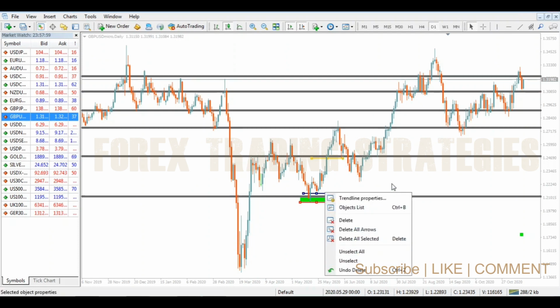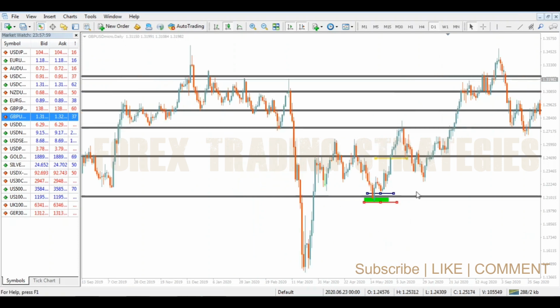So I was saying sometimes I don't even place stop losses. Sometimes I've watched price, when you place a stop loss, come back to the stop loss and then turn back. So I usually have a mental stop loss.